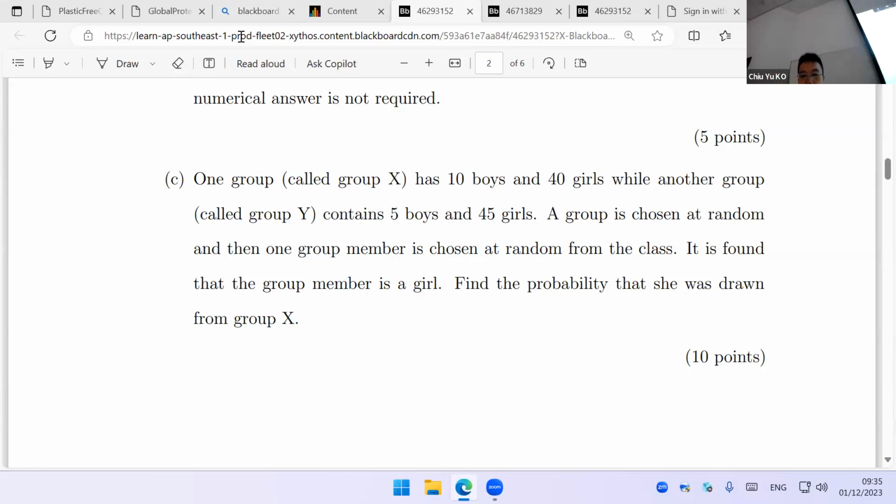So to do this question, you can draw a tree, right? That's what we do in the slides, right? So this is a 2-step process. We start from thinking we are choosing 2 groups, X and Y here. Each of them is equally likely to happen.